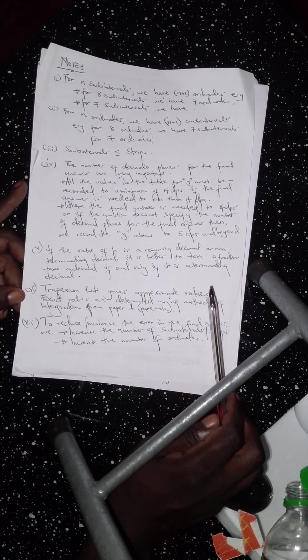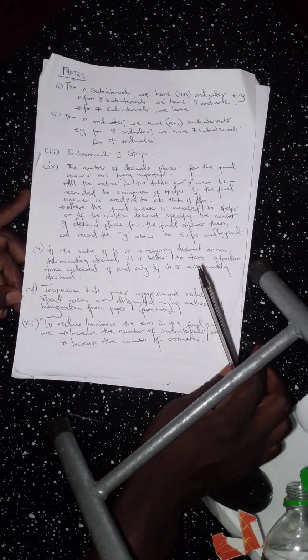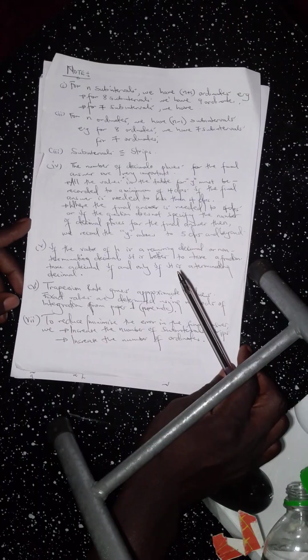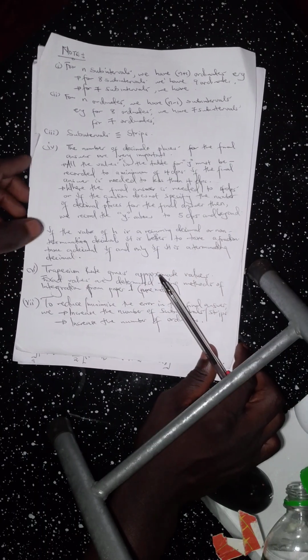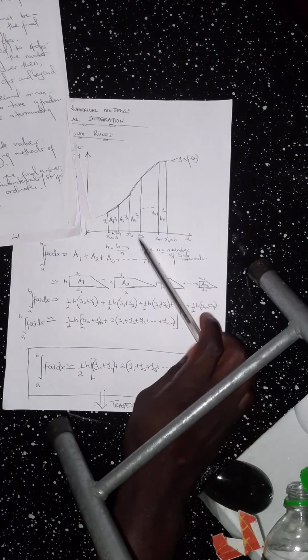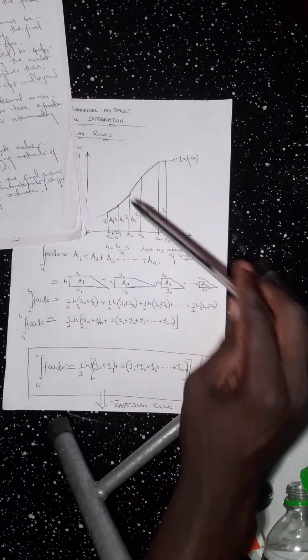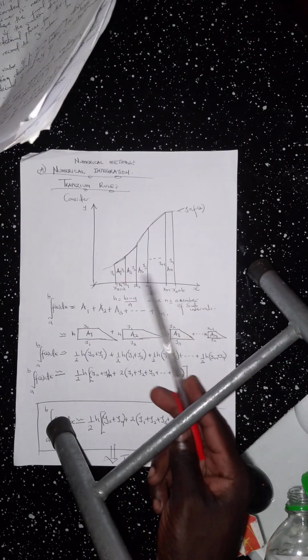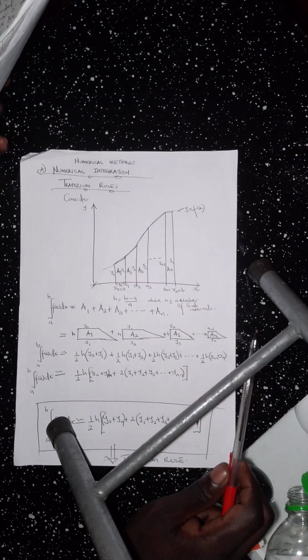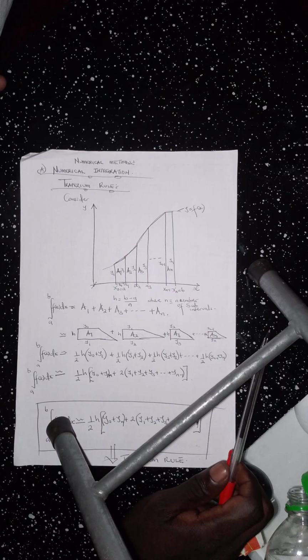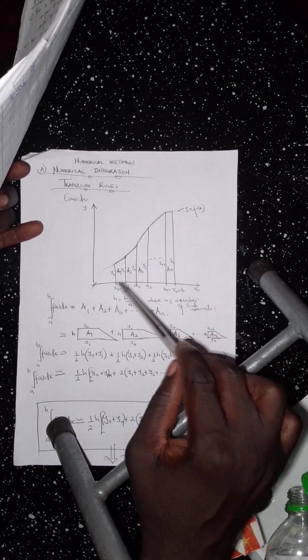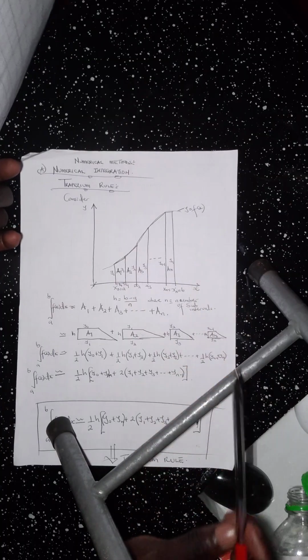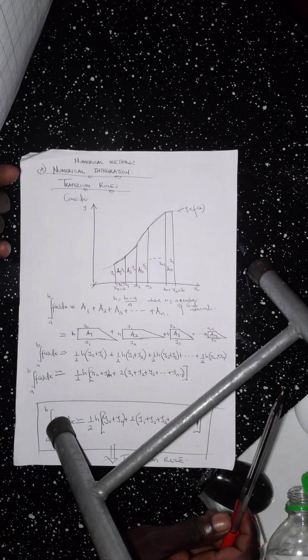Now, the sixth note says that the trapezium rule gives us approximate values. Like we said, we draw different trapeziums here, and then we find their areas. So we sum up those areas and we get the area which is covered by the curve and the x-axis from a particular x value to some other x value.